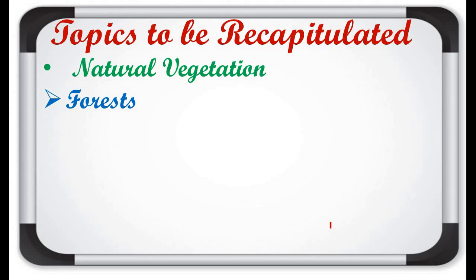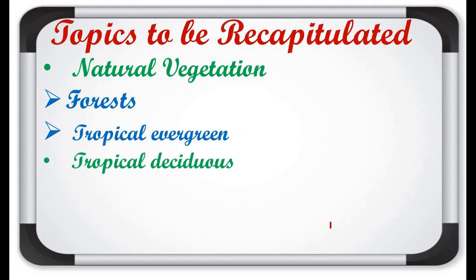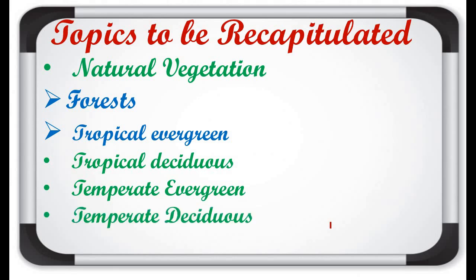Yes friends, a forest is a large area of land which is covered with a large number of vegetations, means plants. Okay, and forests are of different types. First one, tropical evergreen forest, second, tropical deciduous forest, next one, temperate evergreen forest, temperate deciduous forest, and coniferous forest.